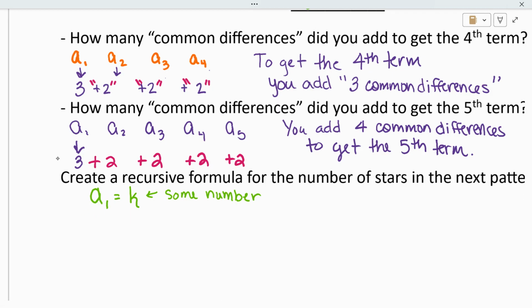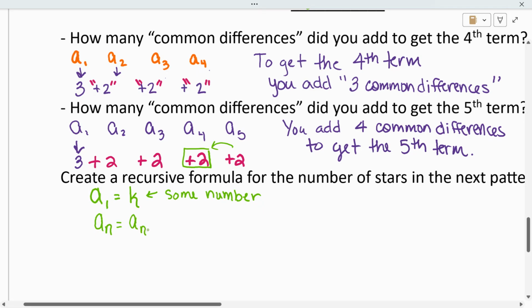And then to write the recursive formula, we say, well, any term equals, what do we do? For the recursive formula, we have to know the one that comes before. If I wanted to find the fifth term, I need to know which term? The one that comes before it, right? So how do I show the one that comes before a sub n?